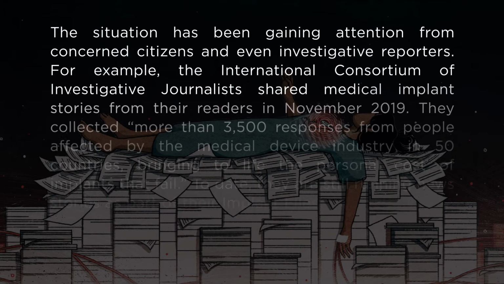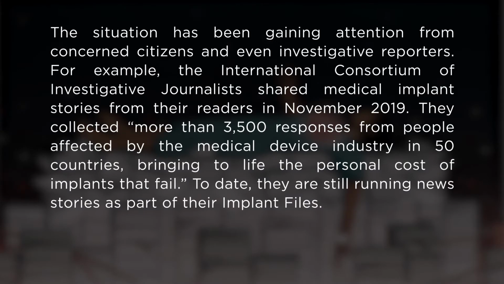The situation has been gaining attention from concerned citizens and even investigative reporters. For example, the International Consortium of Investigative Journalists shared medical implant stories from their readers in November 2019. They collected more than 3,500 responses from people affected by the medical device industry in 50 countries, bringing to life the personal cost of implants that fail.